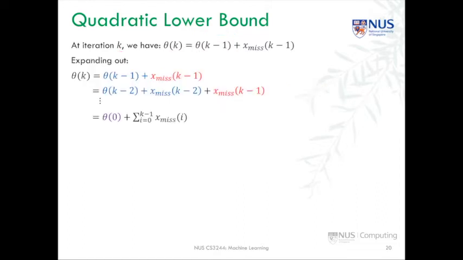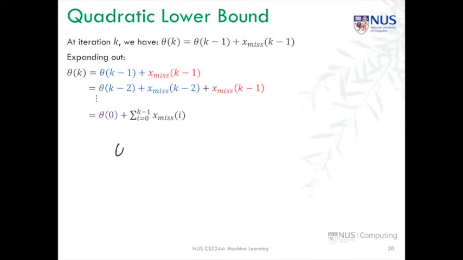Okay, so now we're going to employ a trick. We're going to remember that this data set is linearly separable. That was one of the assumptions we made to make sure that PLA converges, right? In this case, we know that there is a set of weights, we're going to call it theta star, that's guaranteed to separate both classes correctly. We're going to multiply both sides of this equation by theta star.